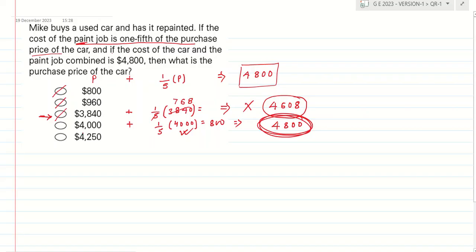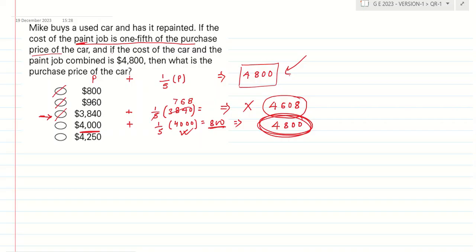Add 4,000 plus 800, how much will you get? 4,800 is my target. The price plus the painting cost together is 4,800.